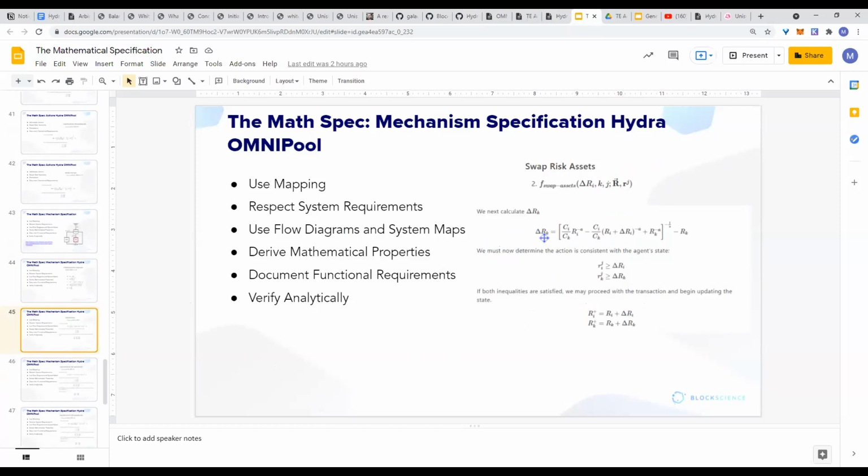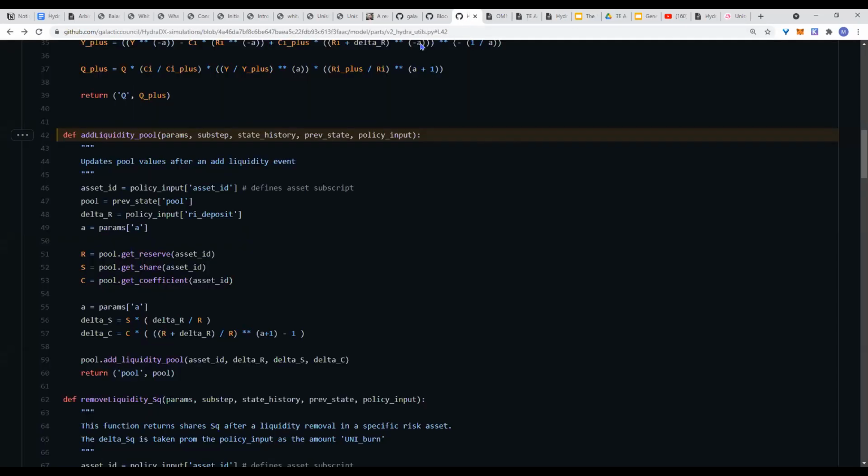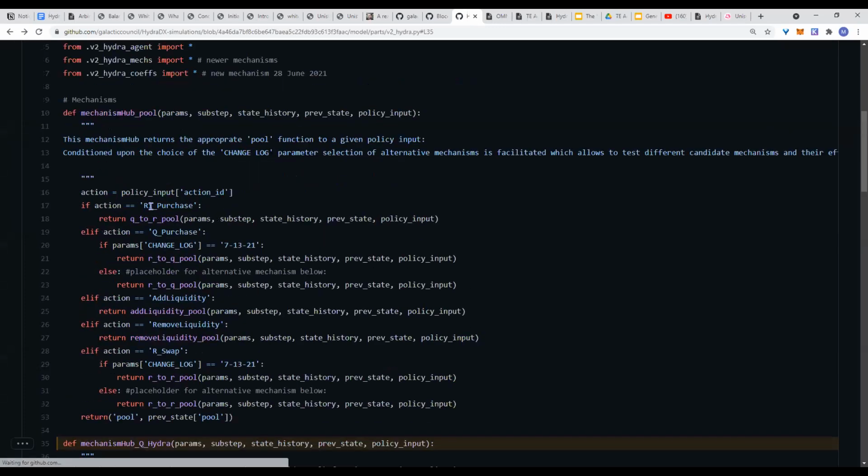If you're swapping risk assets, then this formula here is doing all the work for you. And that would also be in the pool because it's purely on risk assets. This R to R here.